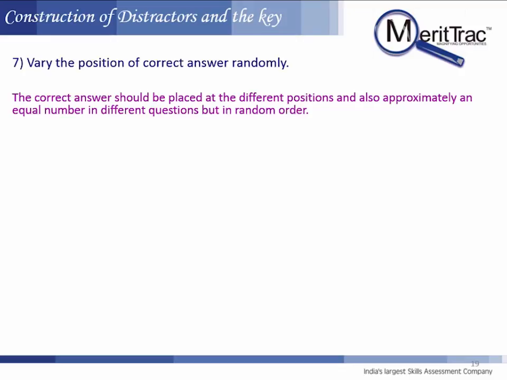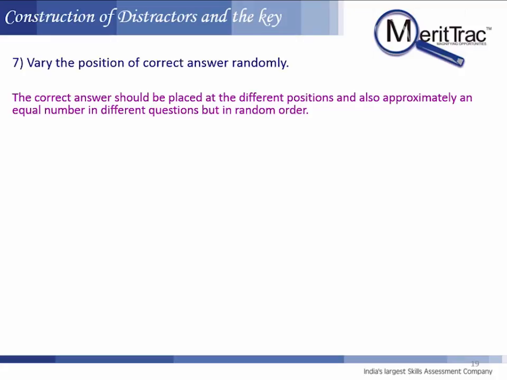Now just imagine if our answers are actually forming part of that particular position largely, then somebody would unduly get more marks compared to the person who has knowledge, just because we have positioned all our answers in only one position. This is something we must avoid.